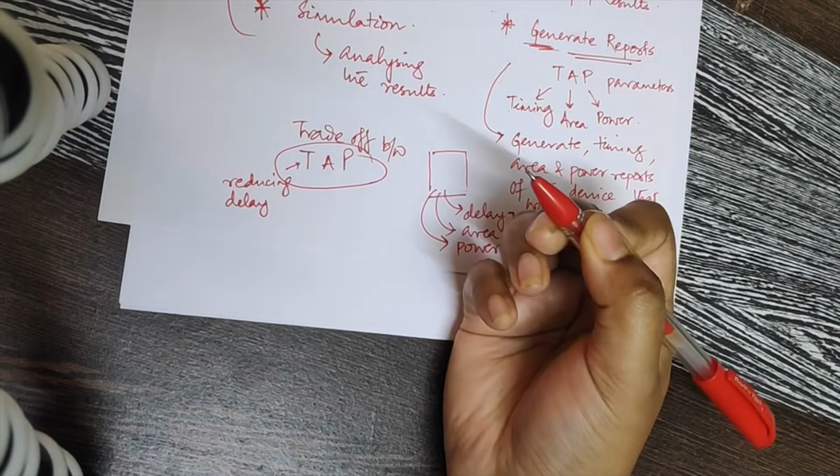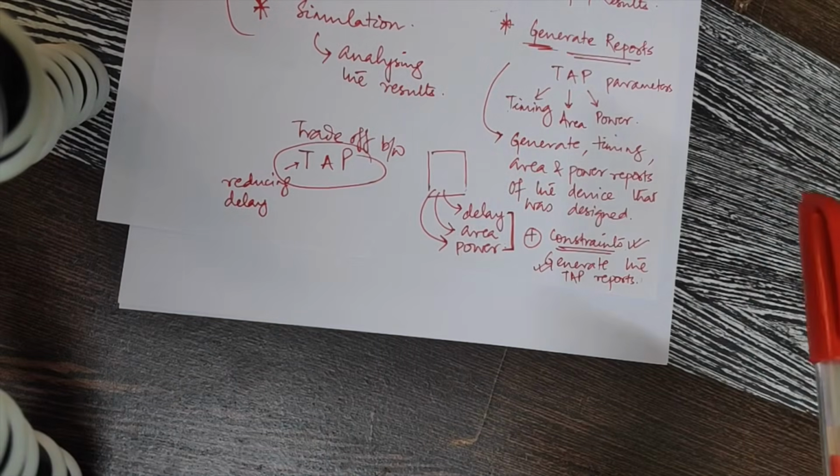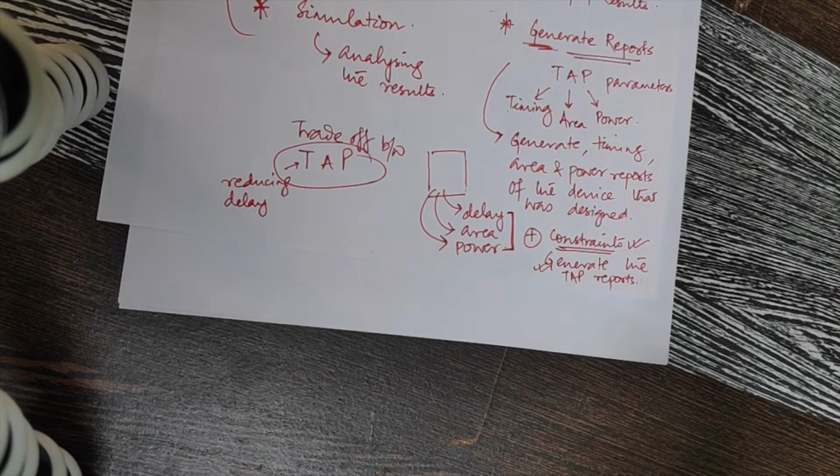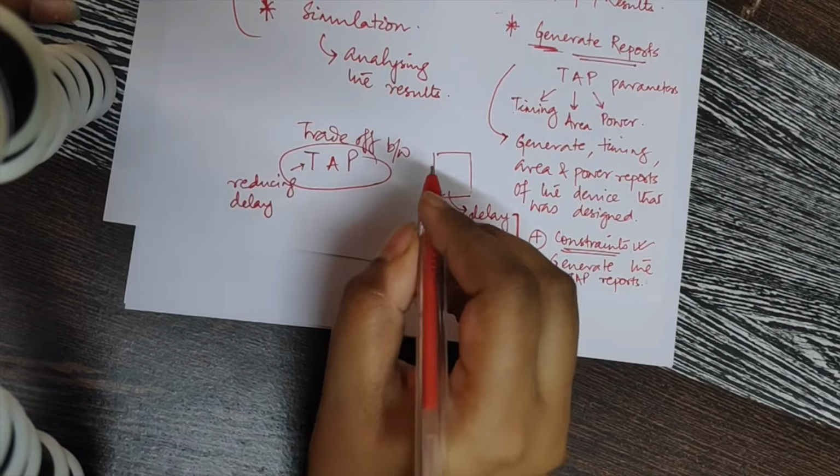Timing is nothing but delay. How much time does this app take to open? That is the delay. Time is nothing but delay. If it is a high speed application, high speed device means what? Delay is less. Okay? High speed device means delay is less. Alright? Timing is delay.